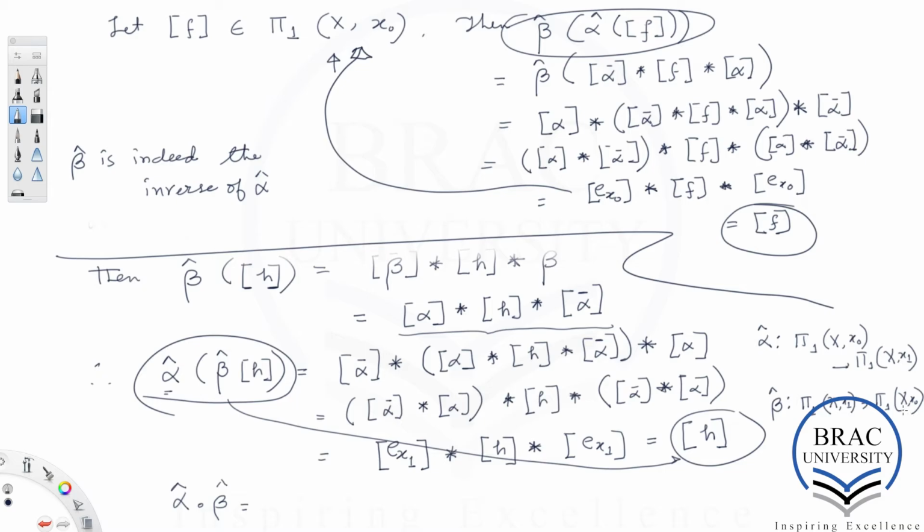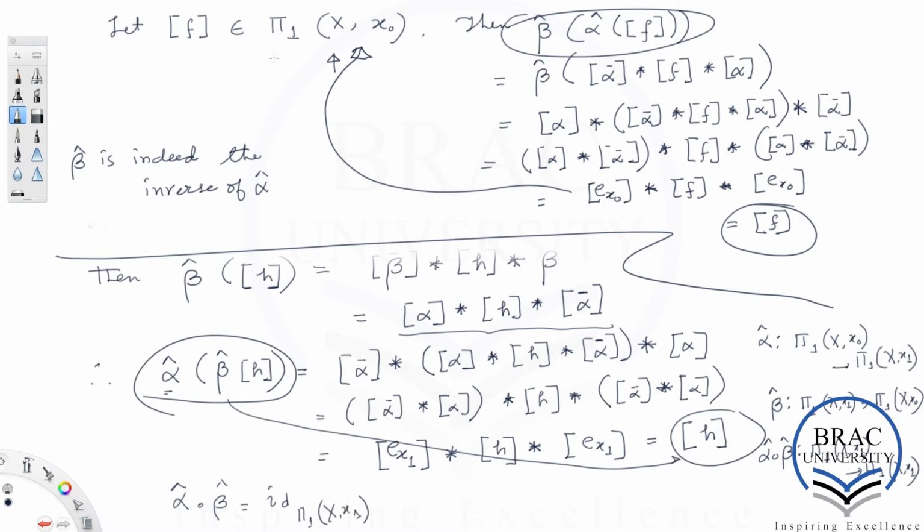So alpha hat composed with beta hat is a map from pi 1 X comma x1 to pi 1 X comma x1, and we have shown that this is the identity map on pi 1 X comma x1, right?